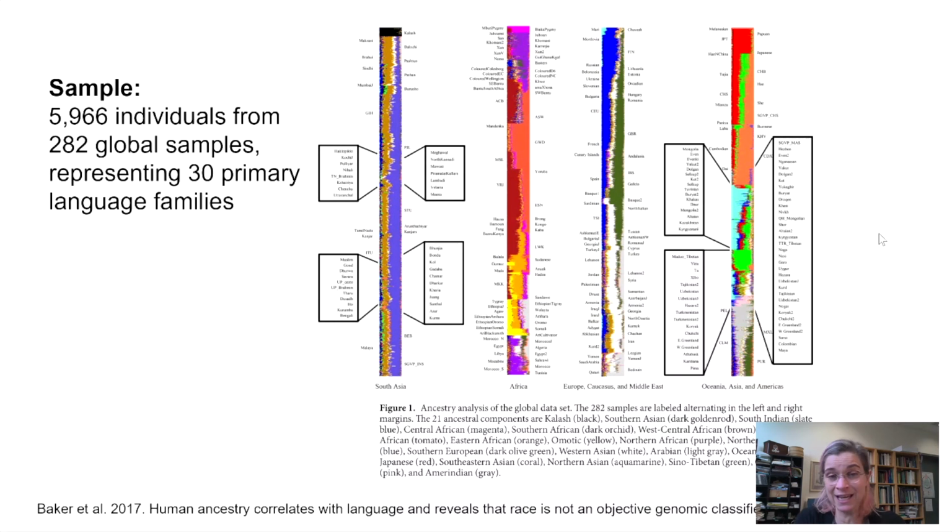Now what you're seeing, these pretty colorful strips, are the admixture plots, just like the one you saw before, but they're standing on end this time. Each of those tiny names, basically impossible to read, is a different population. Those are the 282 populations included in this analysis.